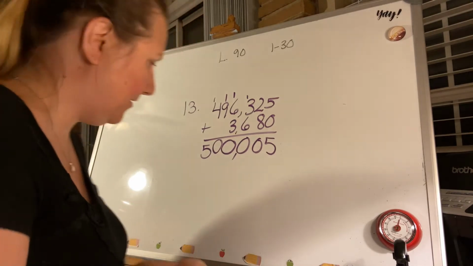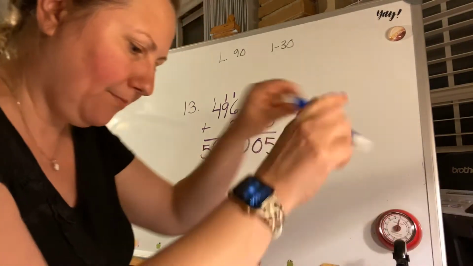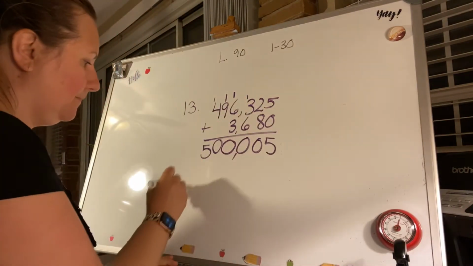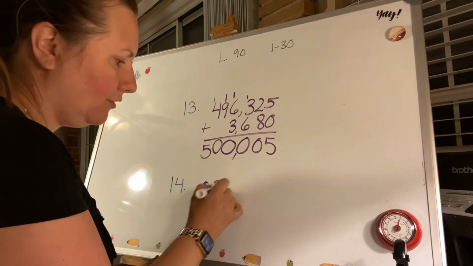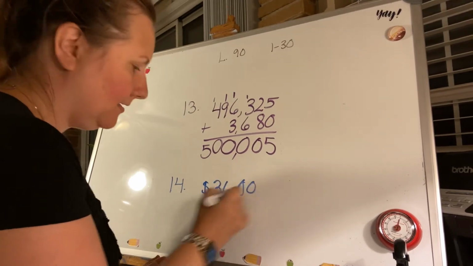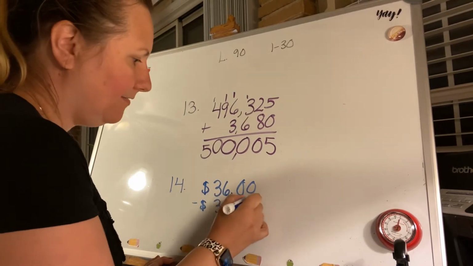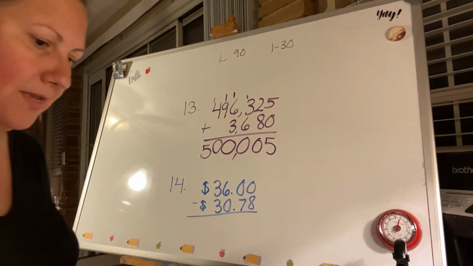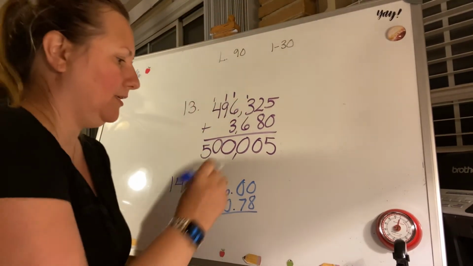Okay, I'm going to go ahead and go on with another color, number 14, just to save a little time, is $36 minus $30.78. Okay, a problem all the way back from lesson 52, as you can see.